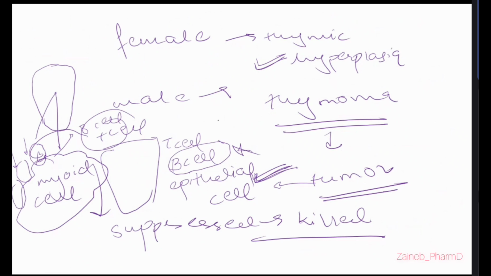But in a patient with myasthenia gravis, the thymus gland function is abnormal.